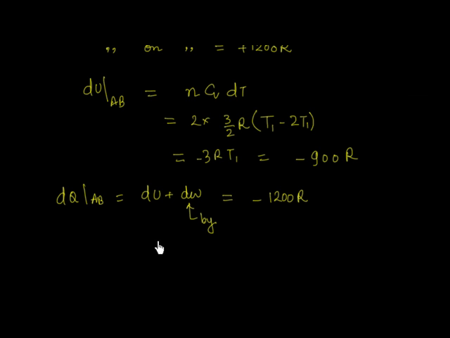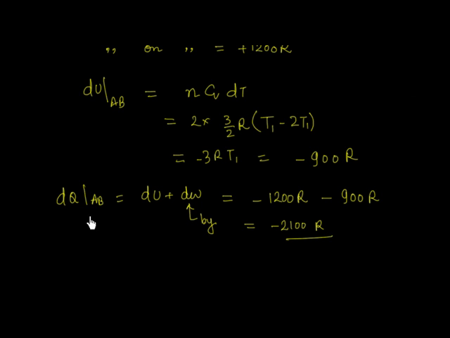Are you getting or not? If you have a positive sign, then it is by the gas, and a negative sign is on the gas. So in this case, work done by the gas is minus 1200 R. And what is dU? This is minus 900 R. So this is total minus 2100 R. So this is the dQ in process AB.